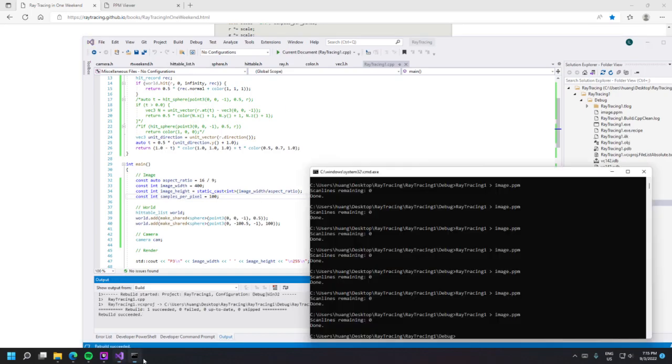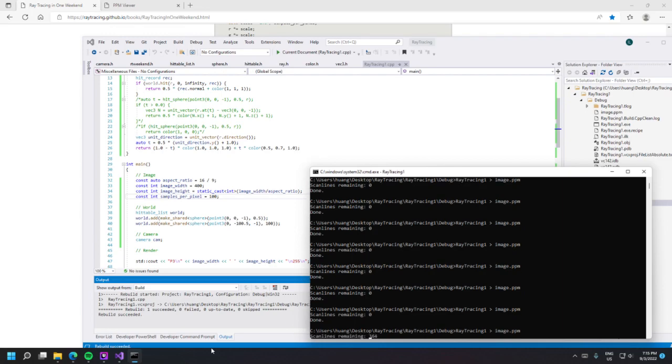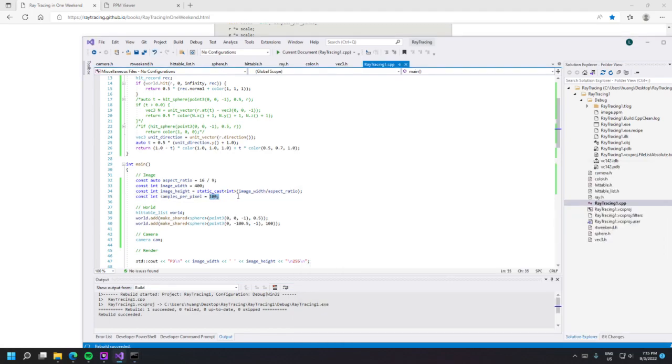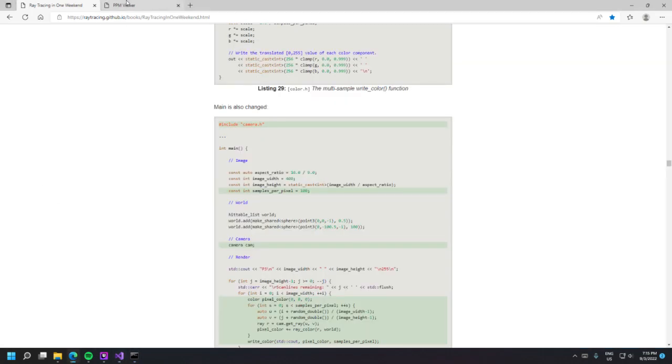I'm not sure if it's easy to see the difference, but the speed is certainly getting slower. There's a lot more to render right now. You can see the speed is a lot slower. It's like 100 times slower, I would guess, because we run everything and blend every color 100 times.